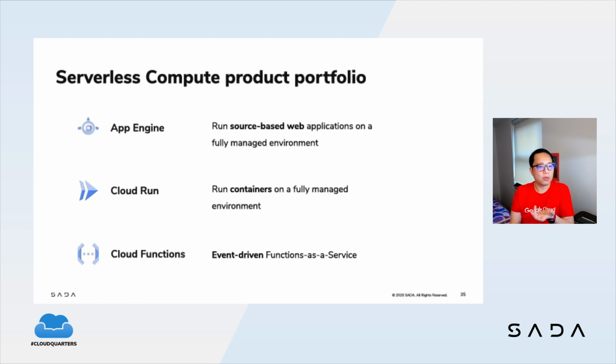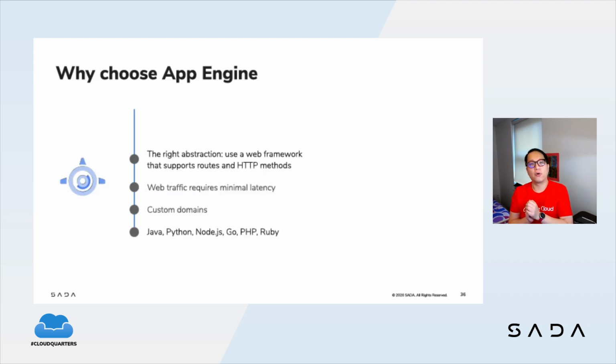So let's discuss when we need which one, right? So first of all, App Engine. App Engine is the first product within GCP. In the old days, Google was very focused on providing a very ideal environment for developers to develop their applications. That's why we created App Engine for customers, using a web framework that supports HTTP routing and HTTP methods.